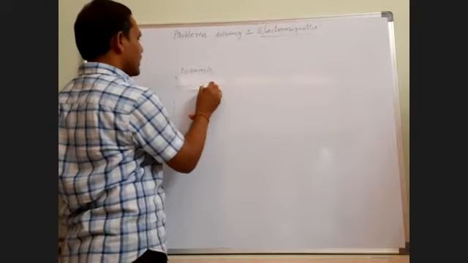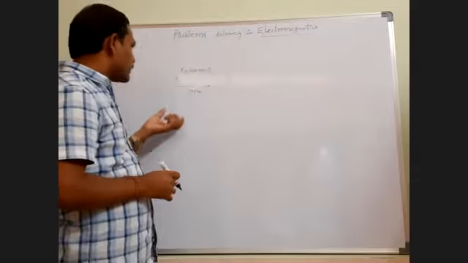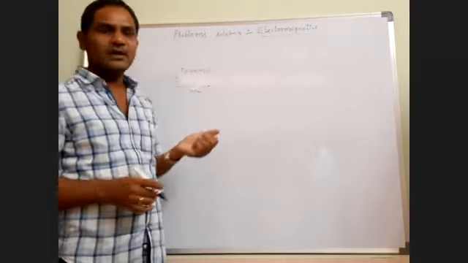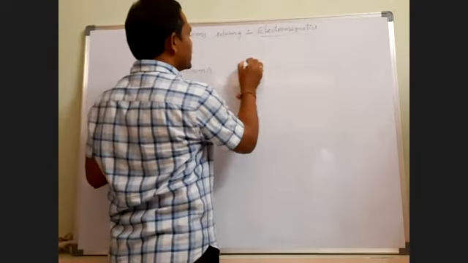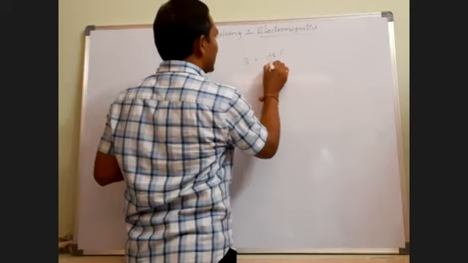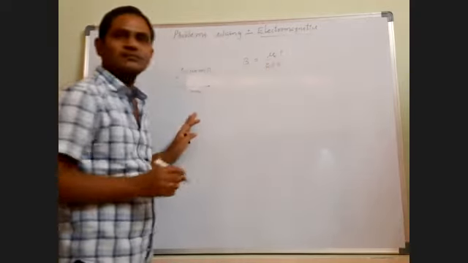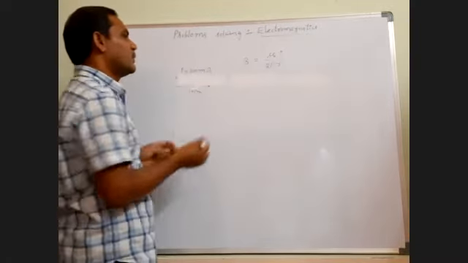Very good. Already we applied this formula in the previous one. When the current is flowing in an infinite length of wire, the magnetic induction at the distance r is B equals mu naught I by 2 pi r, or mu naught by 4 pi into 2I by r. That gives mu naught I by 2 pi r.